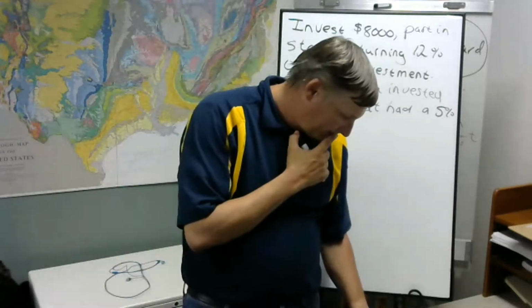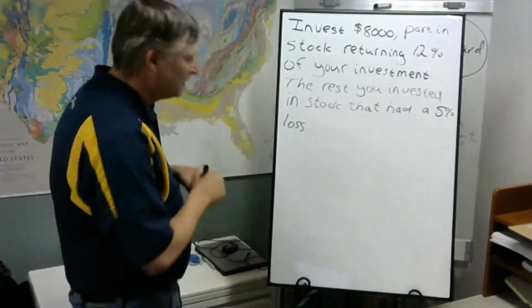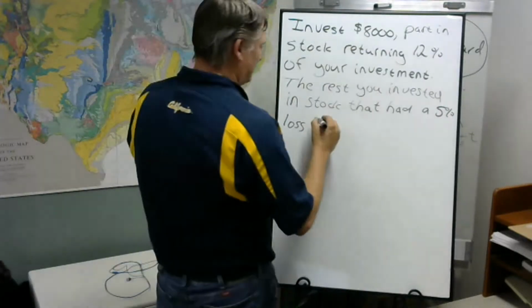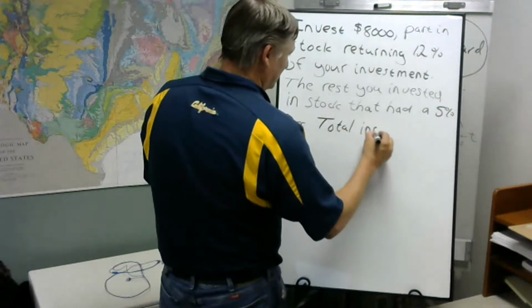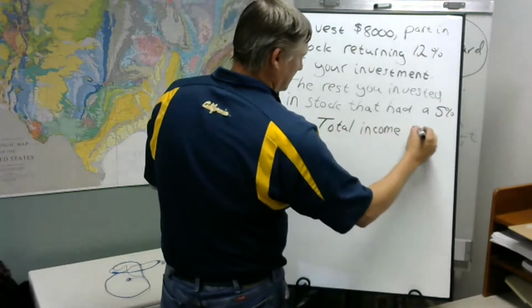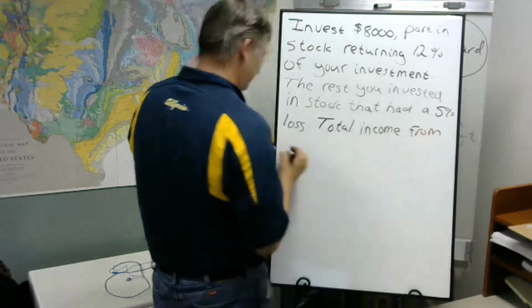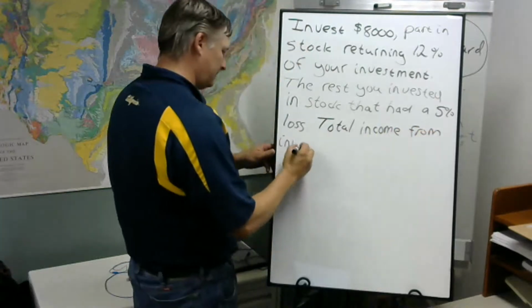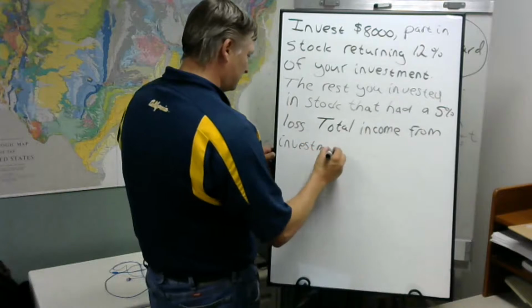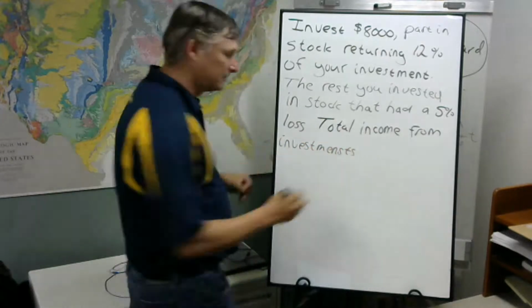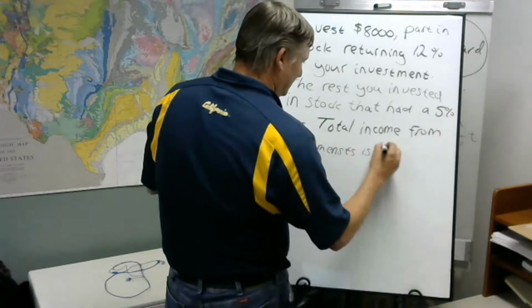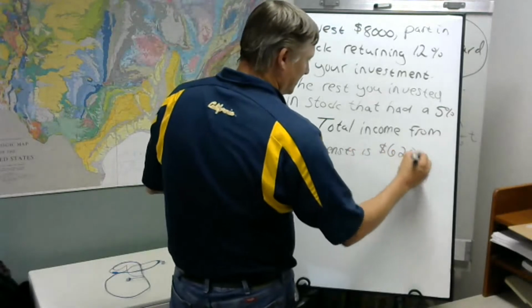All right. So if the total income from investments, this is gains plus losses, is $620.